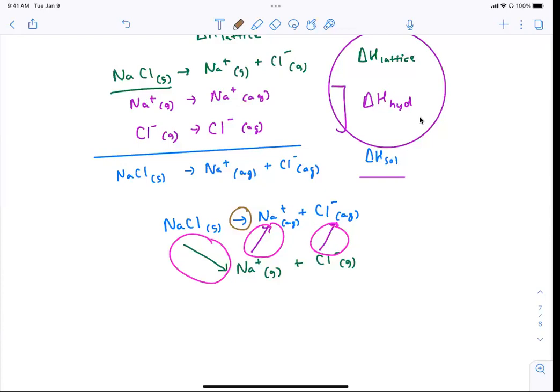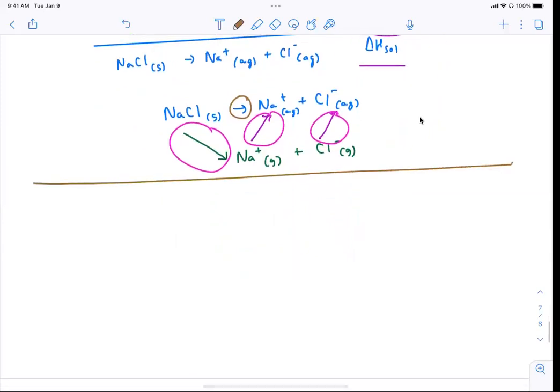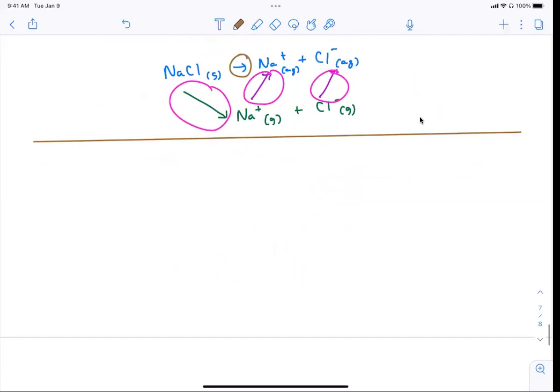But it's not as bad as it seems to be when we walk through it. Born-Haber cycle, okay?